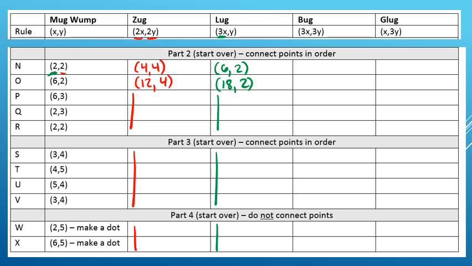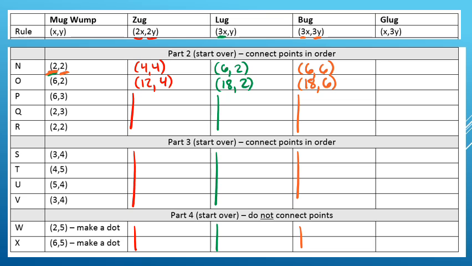And then for Bug, (3x, 3y), so both coordinates are multiplied by 3. So (2, 2) is going to become 2 times 3 is 6, and 2 times 3 again is 6. Second one, 6 times 3 is 18, 2 times 3 is 6. So go ahead and fill in the rest for Bug.